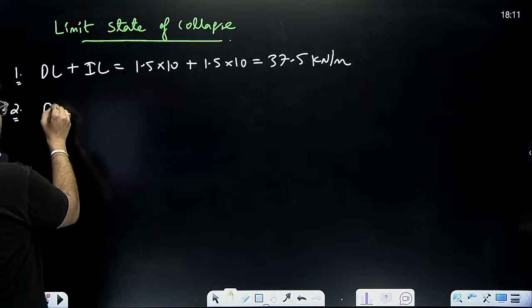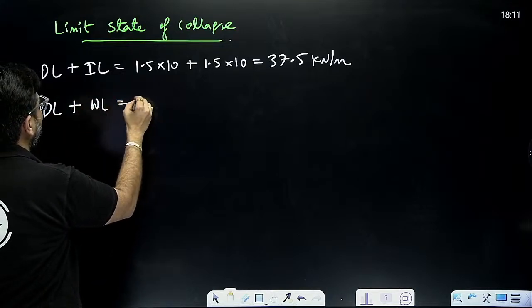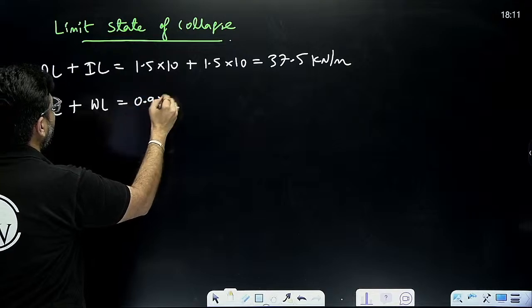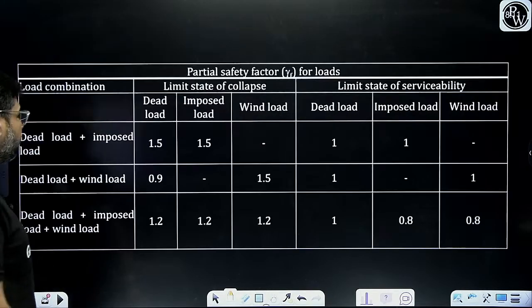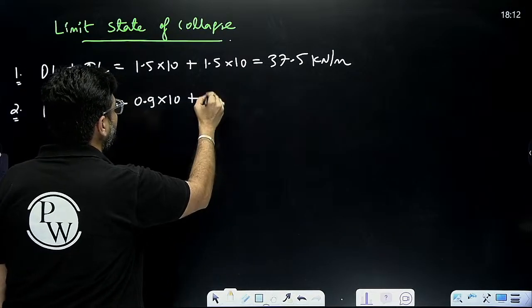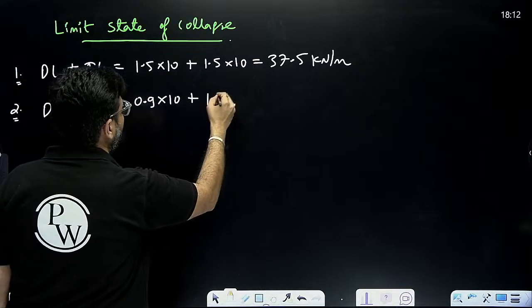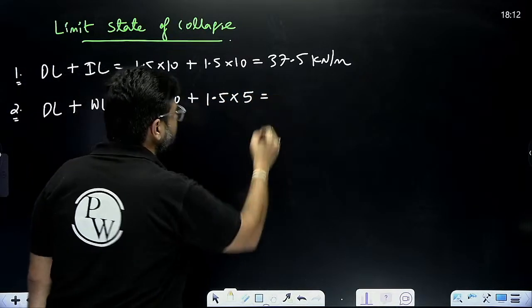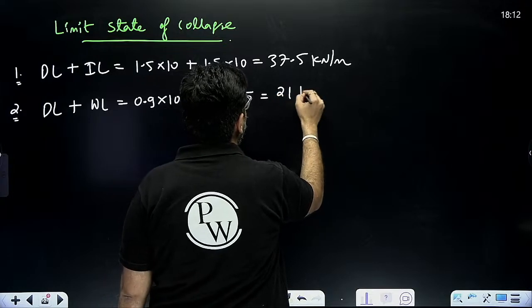In your GATE, this will be given to you. Dead load plus wind load: 0.9 into 10 plus 1.5 into 5, where the wind load is 5. How much are you getting here? 21 kilonewton per meter. This is less, not critical.